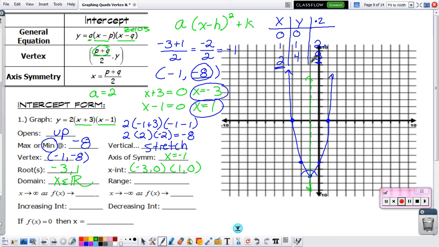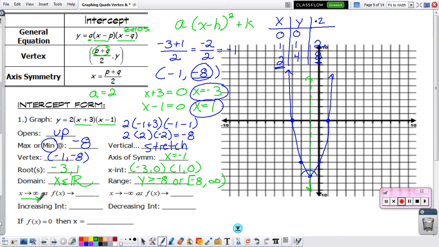So y would have to be greater than or equal to negative 8. That's set notation. You could write it in interval. That's hard bracket, negative 8 to positive infinity. The next two questions deal with the end behavior. So we're looking at what way are those arrows pointing as x is going to the right.